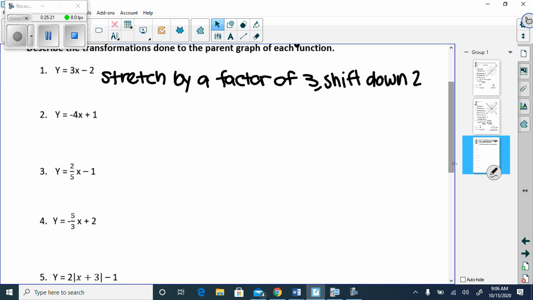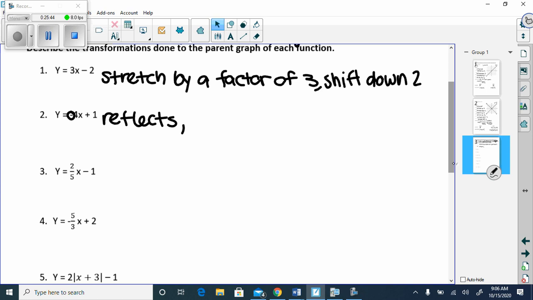In number 2, we have a negative out in front. What is that going to do? Well, just the negative itself, what is that? Reflects it. Okay, now, the negative tells us reflection. Now we don't care about the negative anymore.